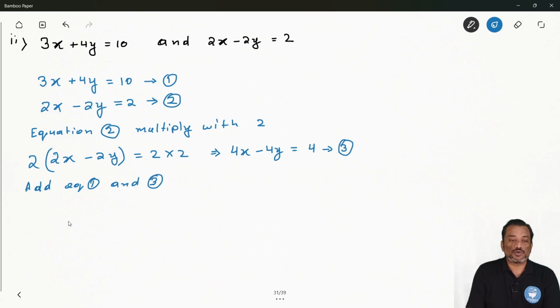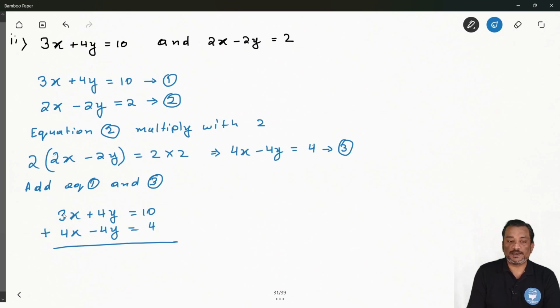Okay, so what you have equation 1, 3x plus 4y is equal to 10. Okay, what is your third equation? 4x minus 4y is equal to 4. So if you now add both the equations, how much will you get? So 3x plus 4x, you will get what? 7x.